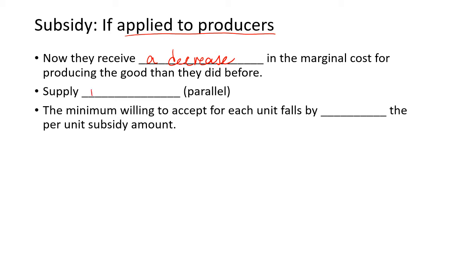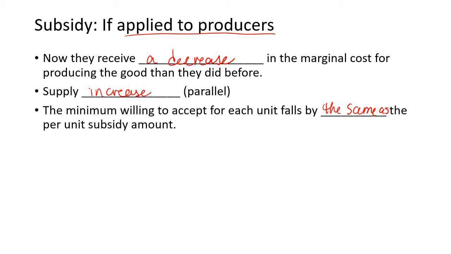So this would make the supply curve increase. It shouldn't be a surprise if the government pays people to do something, they want to do more of it. Makes sense.